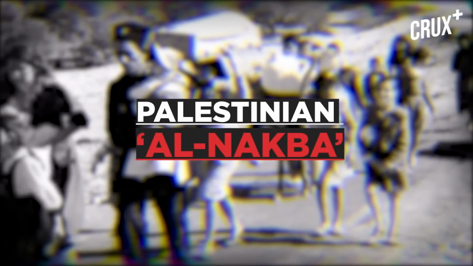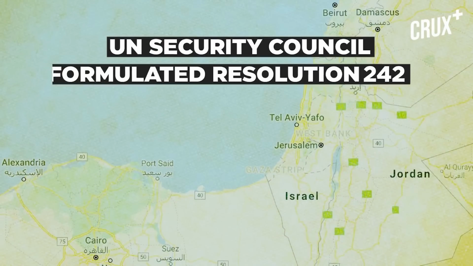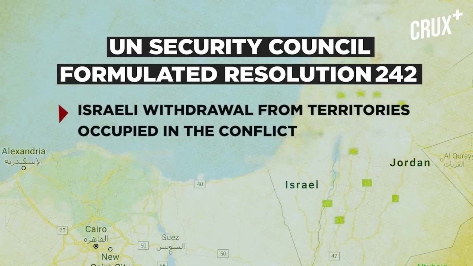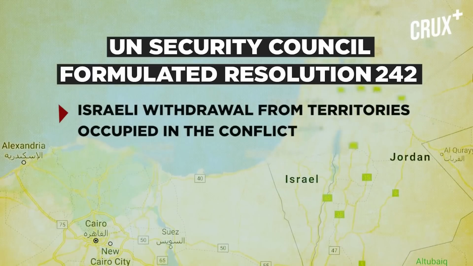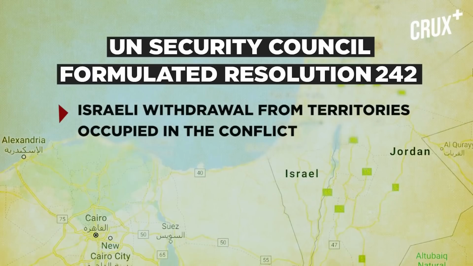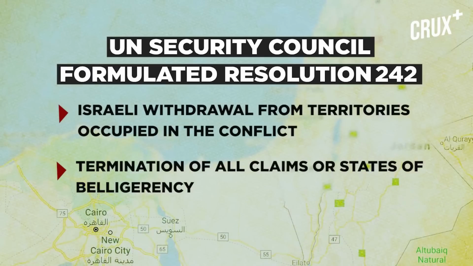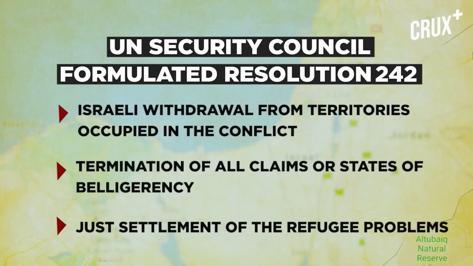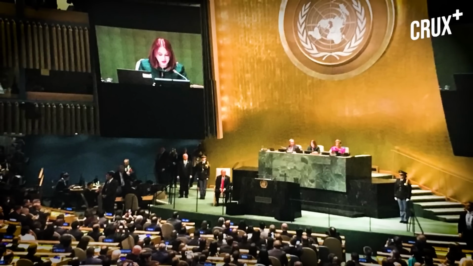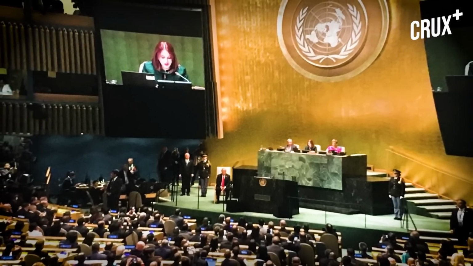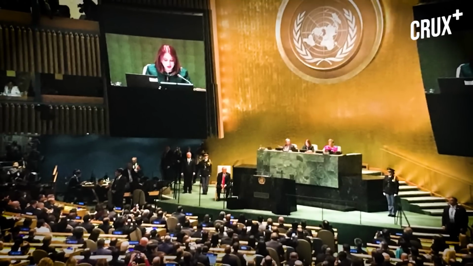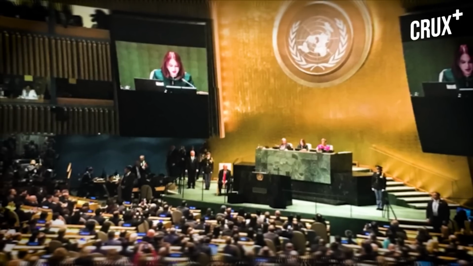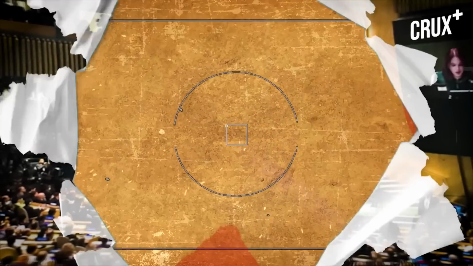In the wake of the conflict, the UN Security Council formulated Resolution 242 aimed at establishing a just and lasting peace. It emphasized Israeli withdrawal from territories occupied in the conflict, termination of all claims or states of belligerency, and a just settlement of the refugee problem. Five years later, in 1974, the General Assembly reaffirmed the inalienable rights of the Palestinian people to self-determination, national independence, sovereignty, and to return.